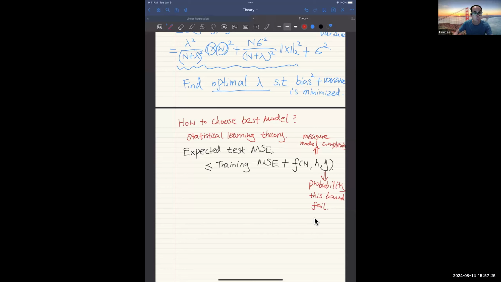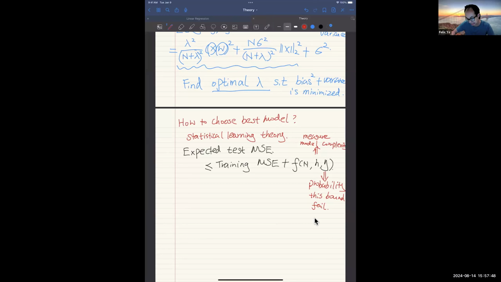So we need this eta probability to allow for really unlucky training and testing data sets to happen, but usually it's a really small number, could be like 0.001. So the ideal way is to choose the model complexity that actually minimizes the bound of the test error.